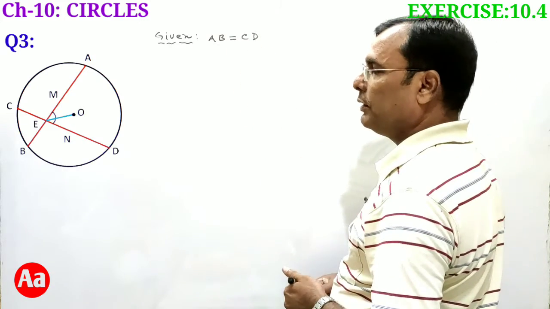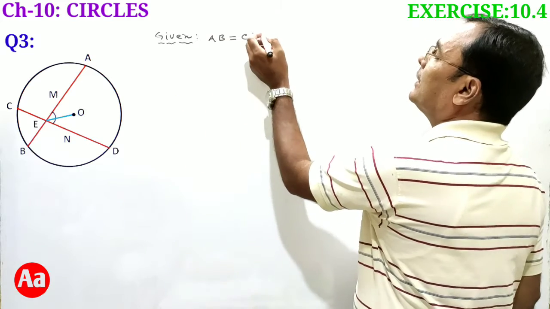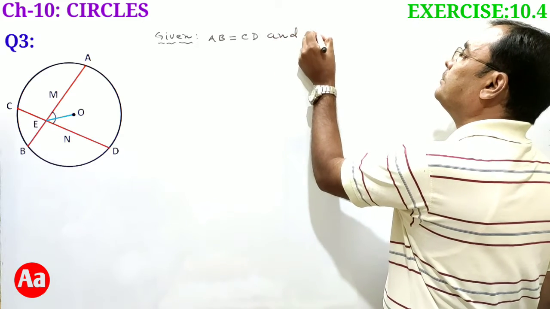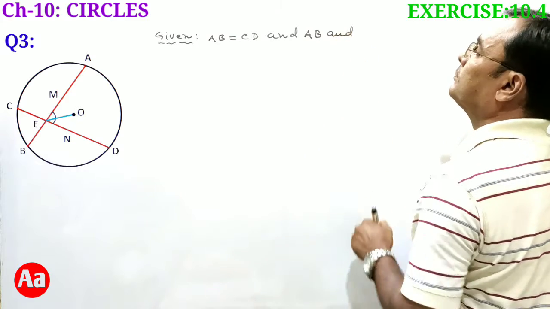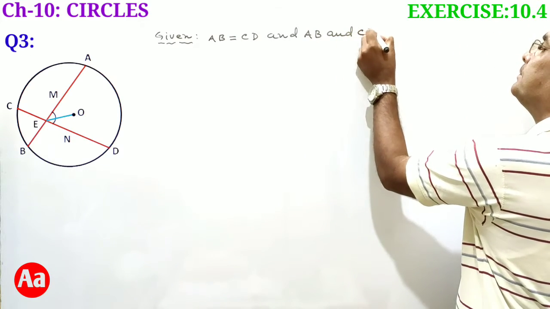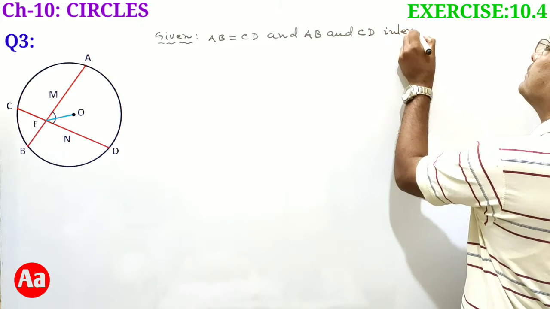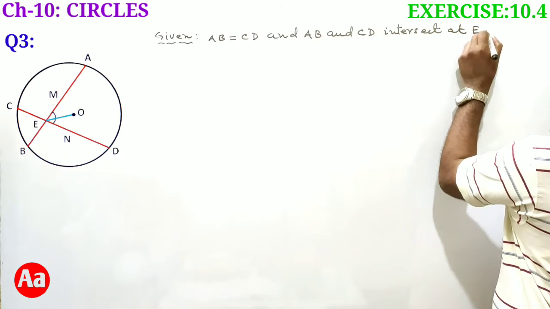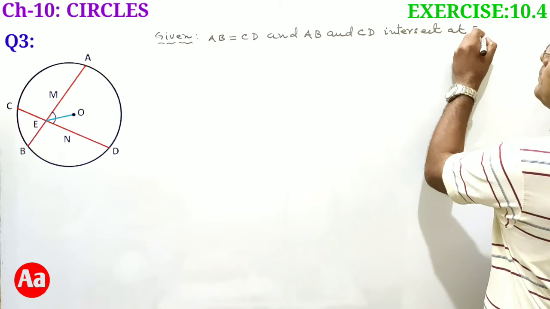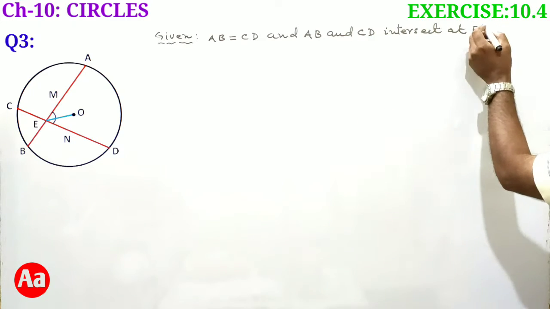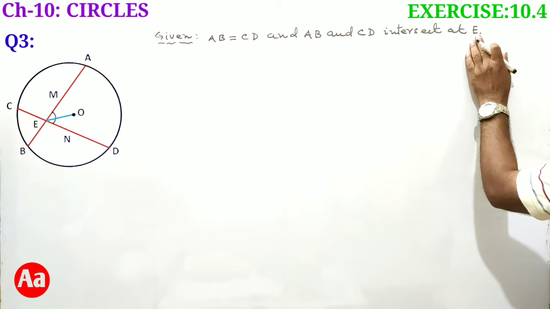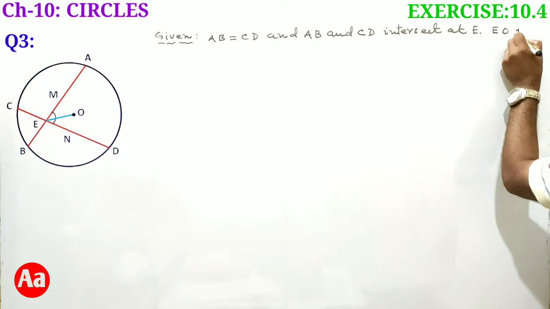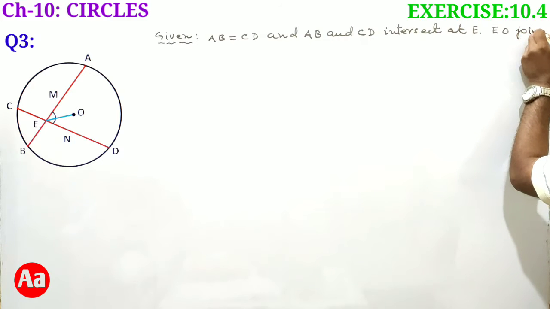AB and CD are two equal chords and they intersect each other at E. AB and CD intersect at E. EO joined.